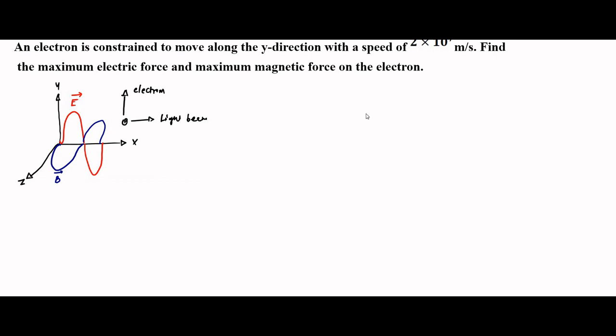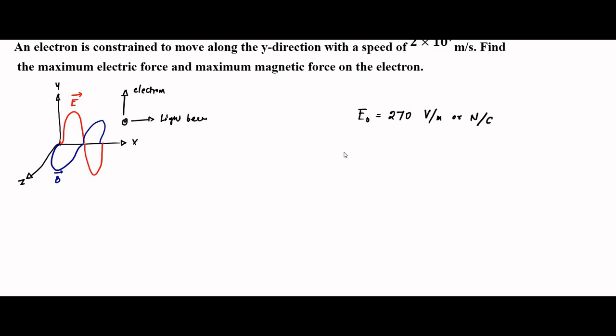The magnitude of the electric field is the amplitude, the maximum amplitude, that is equal to 270 volt per meter or Newton per coulomb.